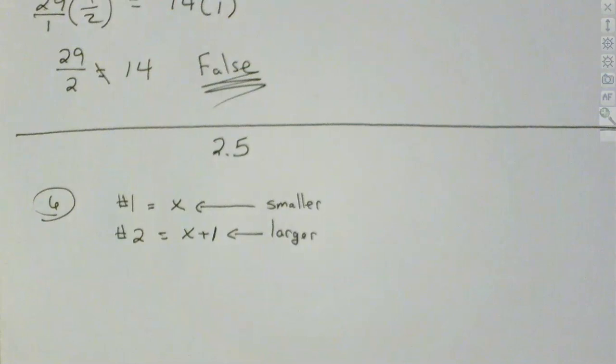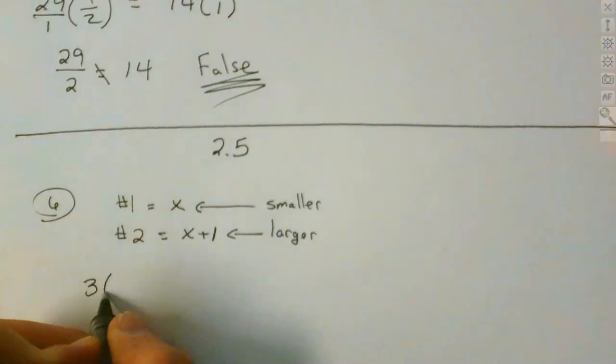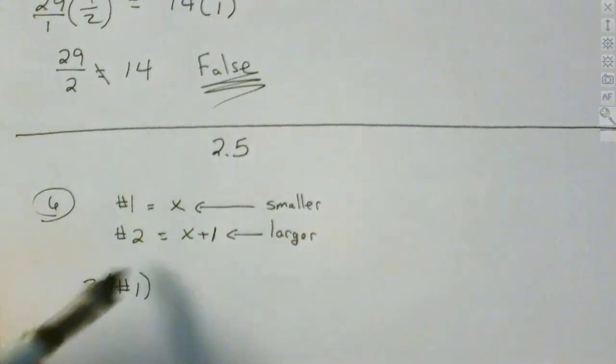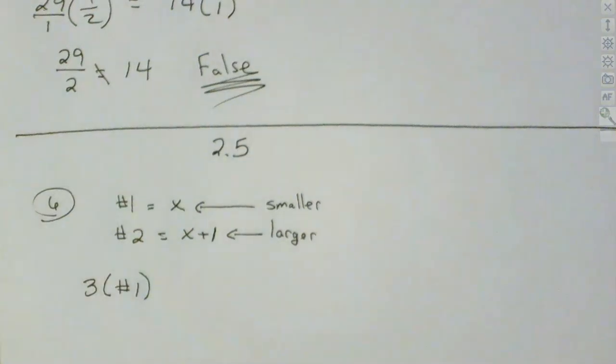Now, what are we doing here? It says if 3 times the smaller of 2 consecutive integers. So let's work with that. 3 times the smaller one. So that would be 3 times the first number, right? Okay, so that's that piece. Now, what's next? 2 consecutive integers, that's taken care of, is added to 4 times the larger.